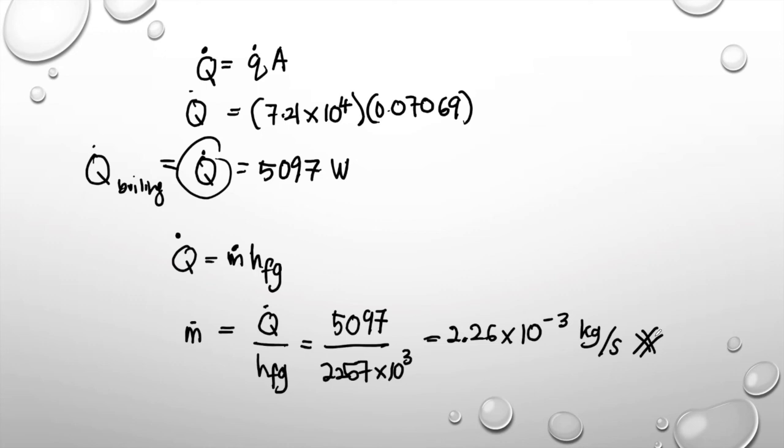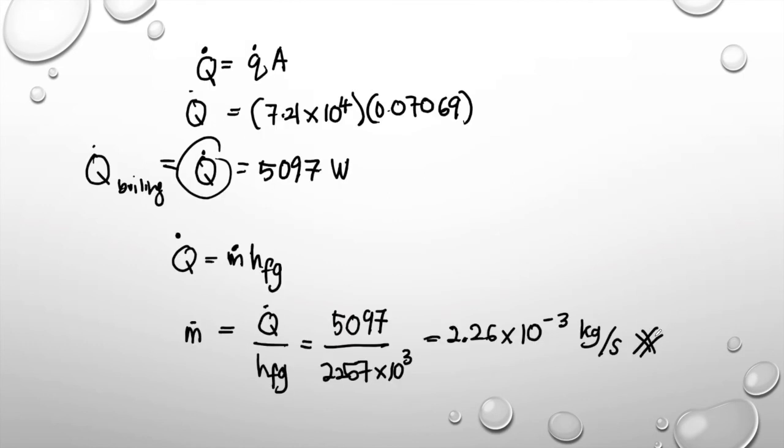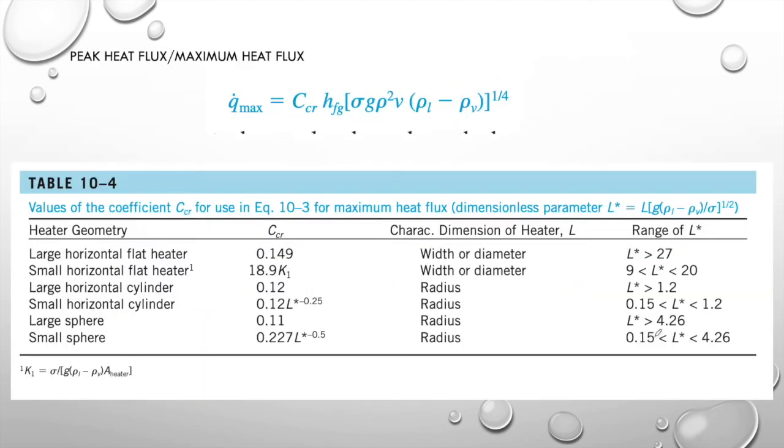You have to remember those ranges. For example, if you have 8 degrees Celsius, it falls under nucleate boiling, whose range is between 5 degrees Celsius and 30 degrees Celsius.